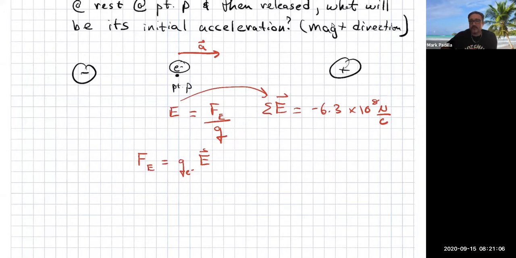But that force electric is also putting a force on the mass, which would be the mass of the electron, and it is going to have an acceleration. So to answer your question, yes, you can.